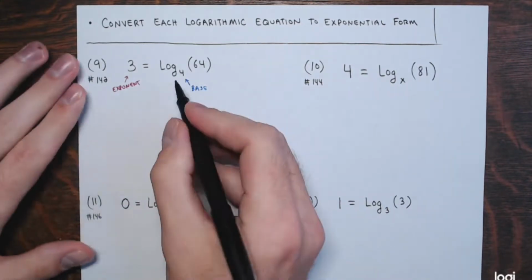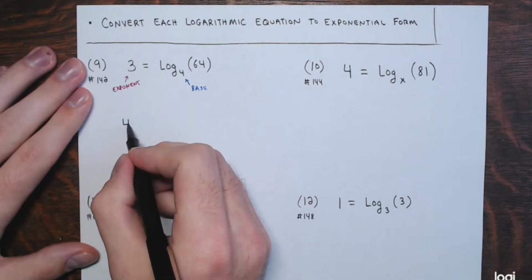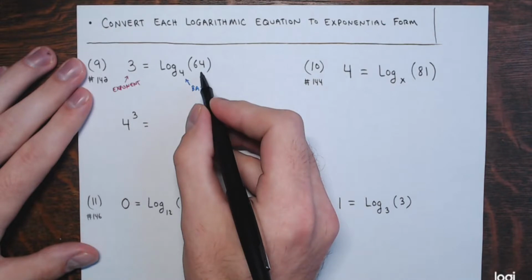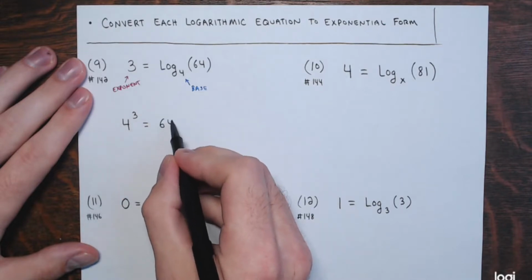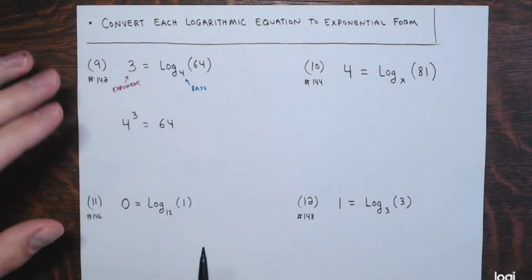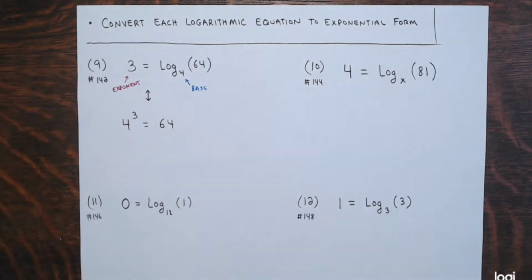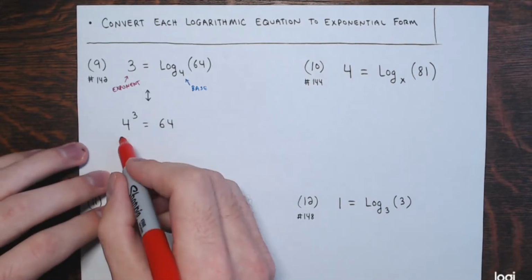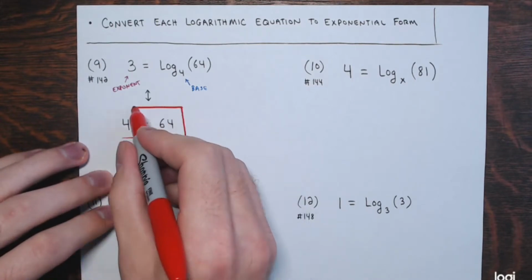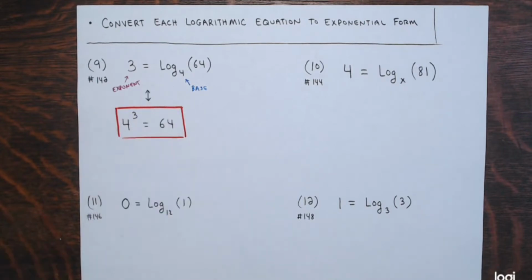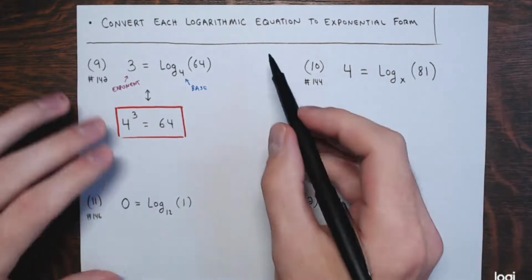This would be base 4 raised to the exponent 3 equals the number inside the log, 64. And this is true, right? 4 to the third power equals 64. These are equivalent statements. They say the same thing, but just look different. There we go. That is exponential form when we were given log form. Easy, in my opinion.